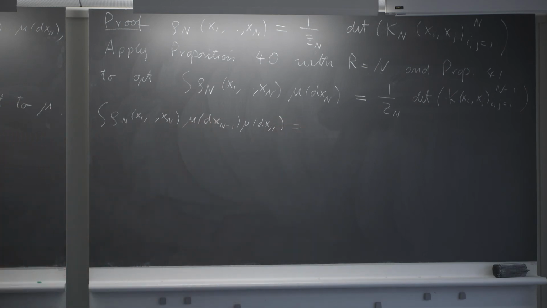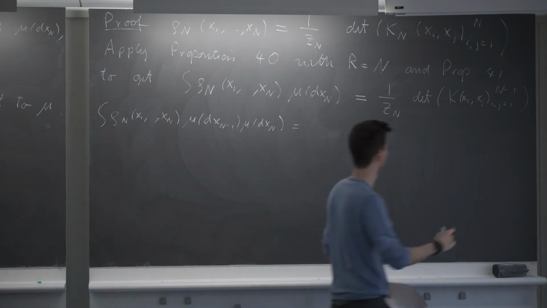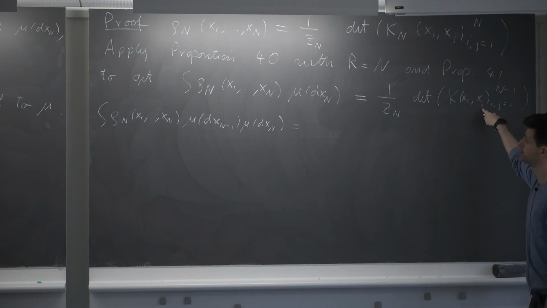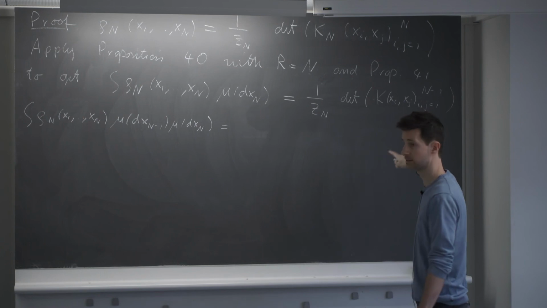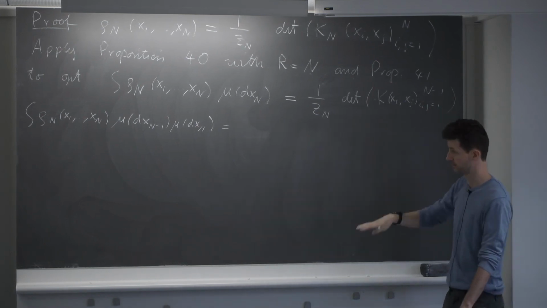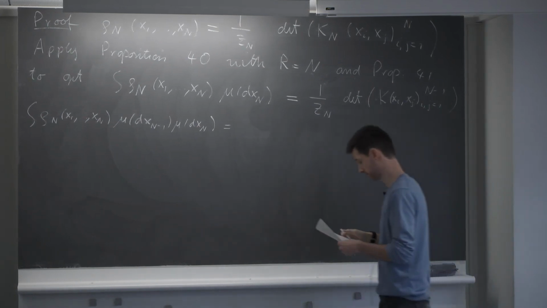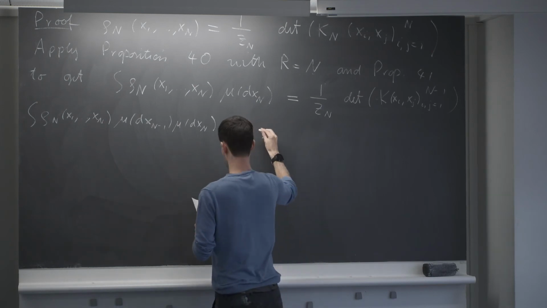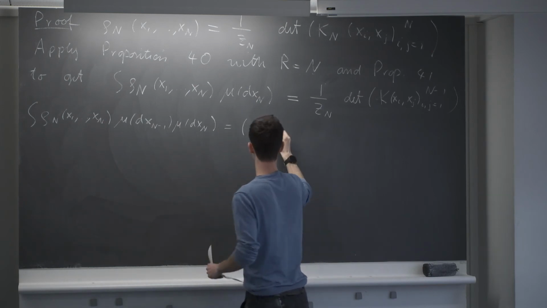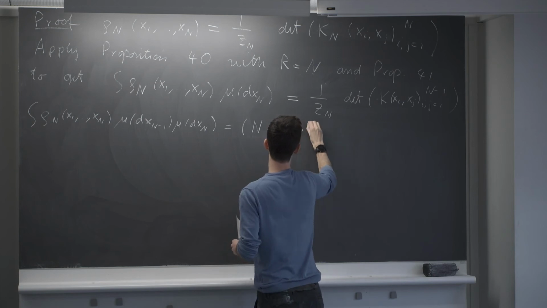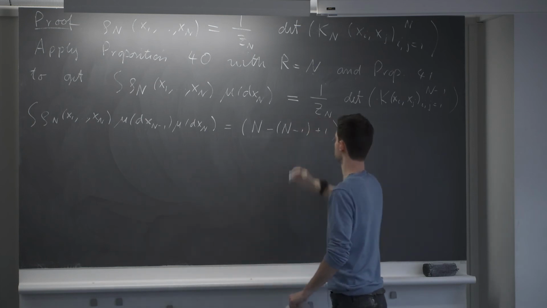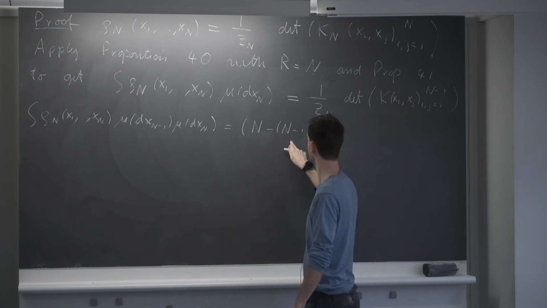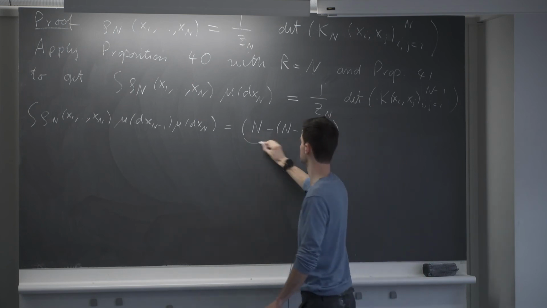Okay, so I integrate out the next one, which means I have to integrate the last one in here. And now you see it's slightly different. I have to be careful now. When I apply this, the n becomes n minus 1, but the r is still my original n. So I have an r, which was my n, minus the dimension of the matrix plus 1, and this is equal to 2.